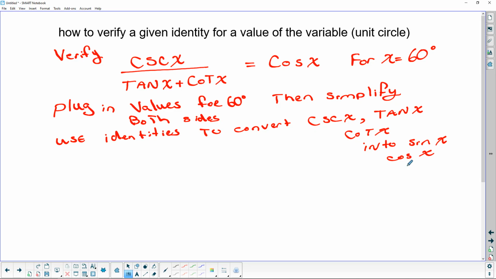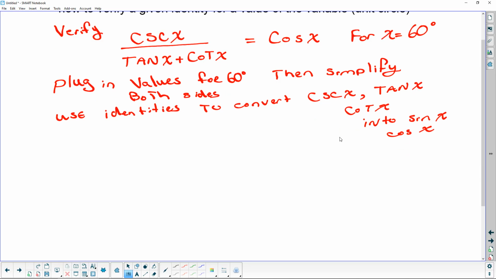Because what's on the unit circle is sine and cosine. Right? Okay, so if we look at cosecant x, it's a reciprocal identity.